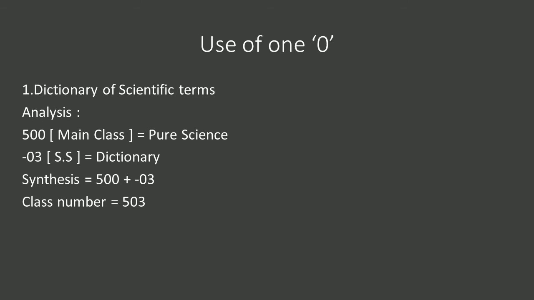Whenever the main class ends with zeros, and we have to use the notation of standard subdivision, we will remove those zeros from the main class. Here there are 2 zeros at the end of the main class, not in the middle, at the end.